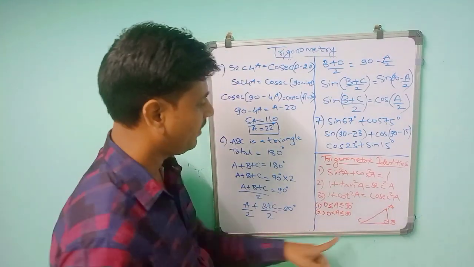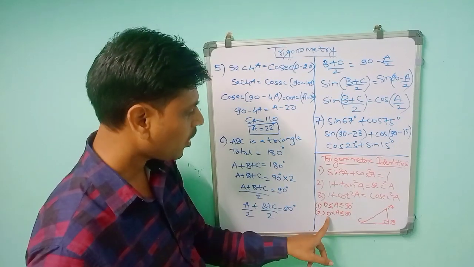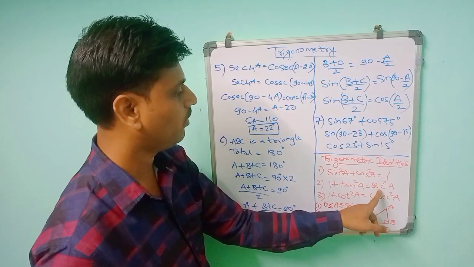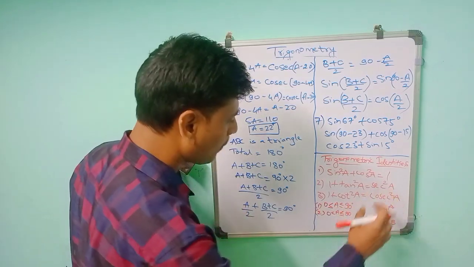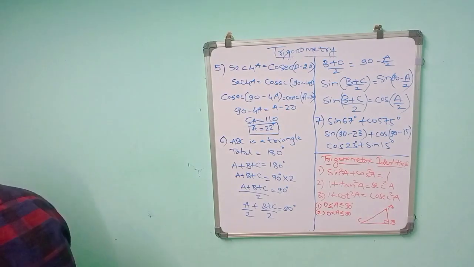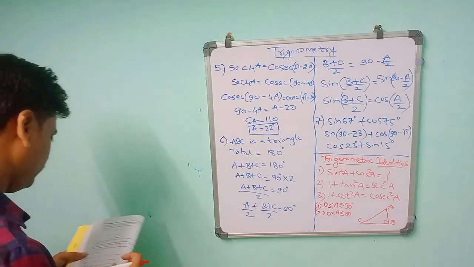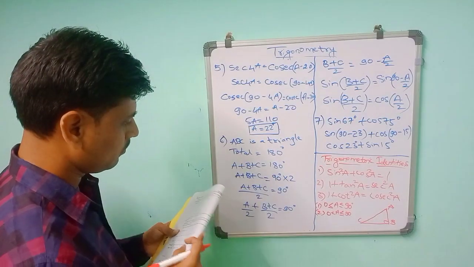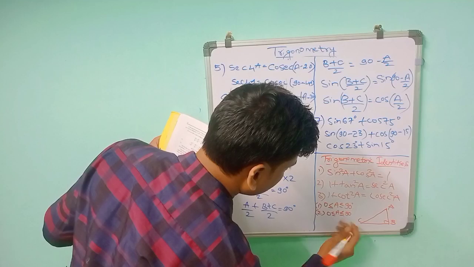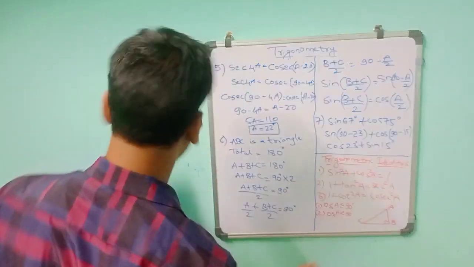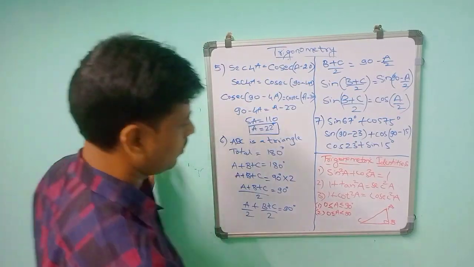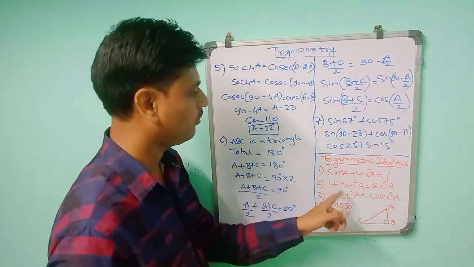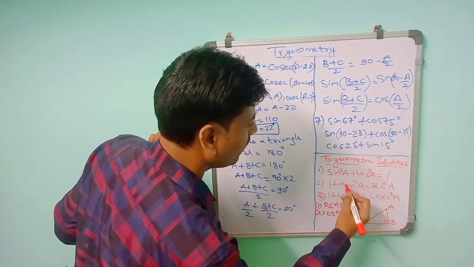If you take 0, tan 0 is 0. For sec square also, if you take sec 0, it is 1 by cos 0.